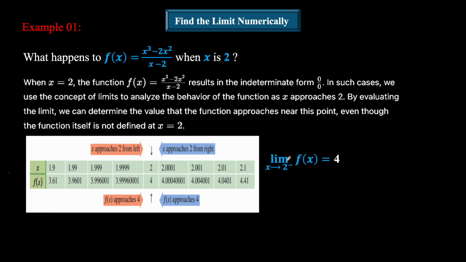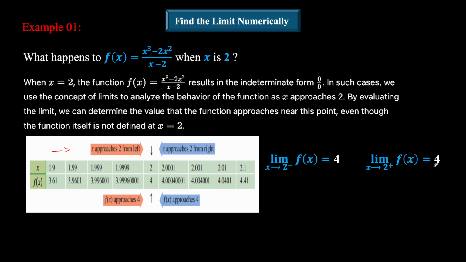So from that we conclude: as x is approaching number 2 from the left side, the limit of f of x is equal to 4. And as x is approaching number 2 from the right side, the limit of f of x is equal to 4.